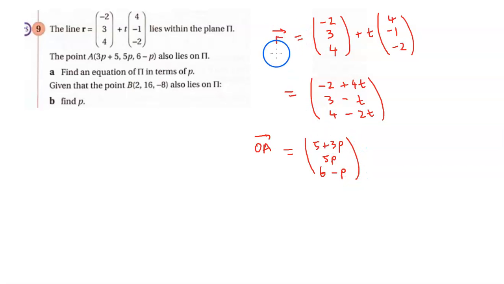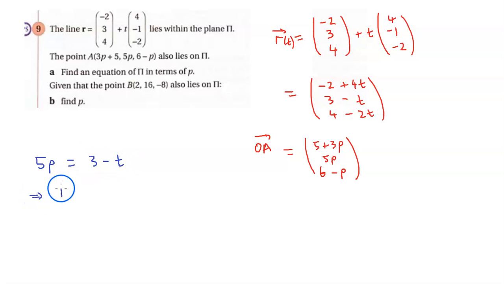So r is in terms of the parameter t, and we don't want there to be any value of t or p where these things are equal. Looking at the second coordinate, if they were equal, we would have 5p equal to 3 - t.